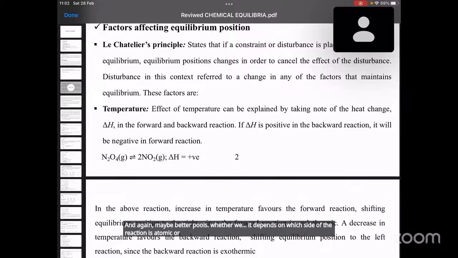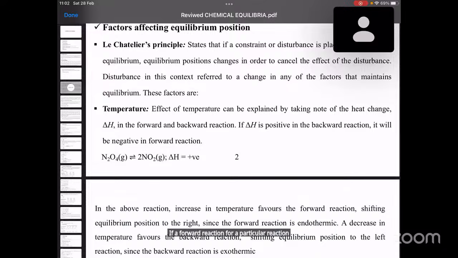I'm saying that because if the forward reaction for a particular reaction is exothermic, the backward reaction will be endothermic. This is an example: N2O4 to give you 2NO2.